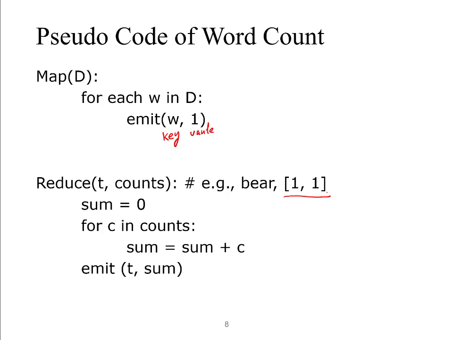So in the reduce function, we use sum to record the total number of occurrences of T. What we do is, for each number in counts, we add it to sum. And as a result, we output T and sum as part of the final results. So for our word count example, that is the pseudocode of MapReduce. As you can see, it is very easy, right?